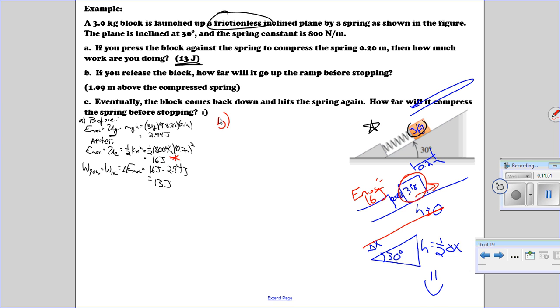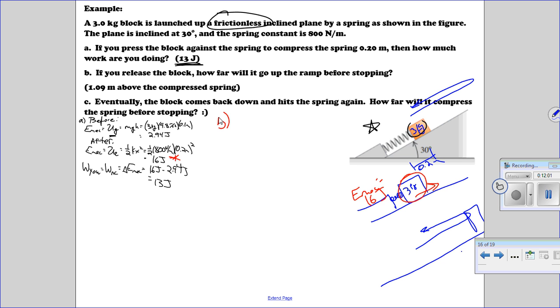So a moment later, the block is going to be way up here, stop and come down. At this highest point, all of my energy now is gravitational potential energy. The idea is, right now, after you let go of it, there are no non-conservative forces, which means that our mechanical energy is constant.